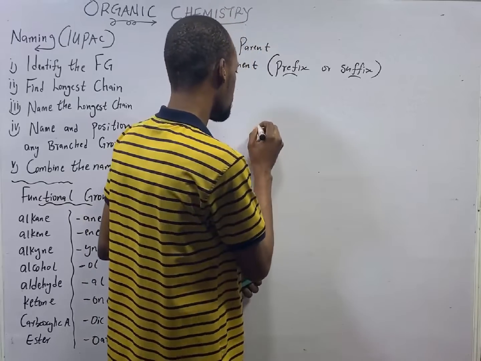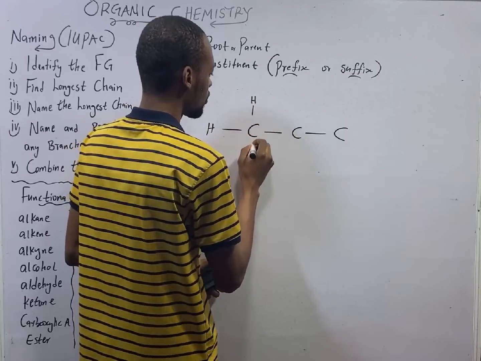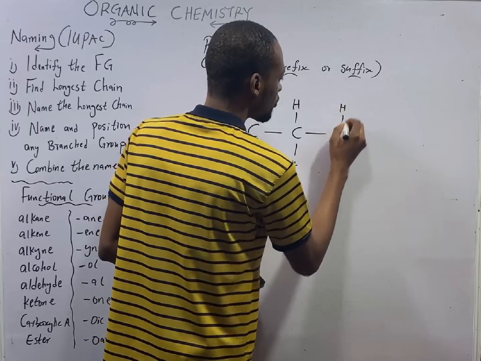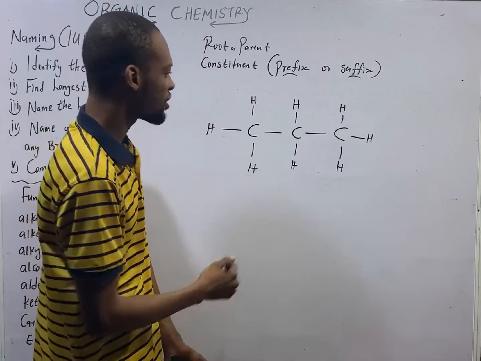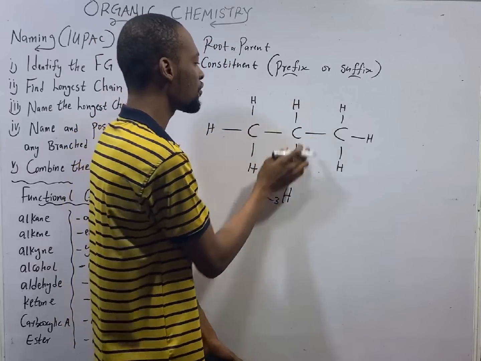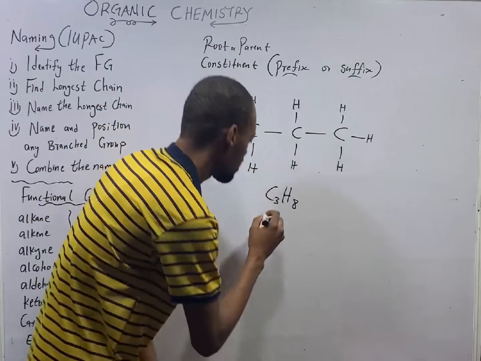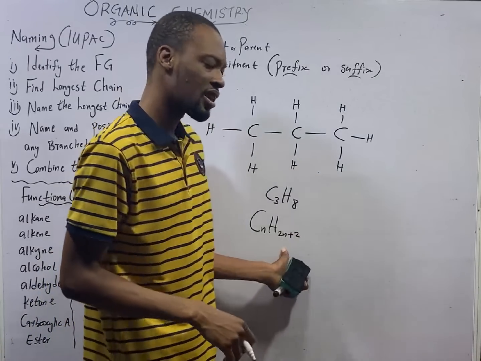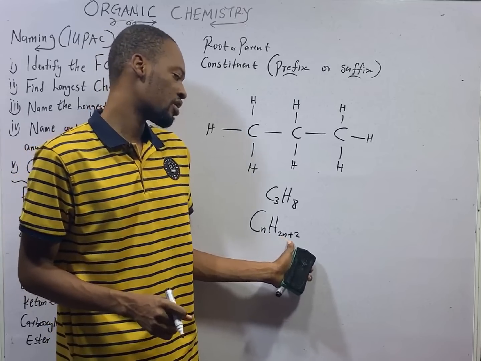For example, given something like this, C3H8, and following the general formula CnH2n+2, this is obviously an alkane because the number of carbon is 3, and hydrogen is 2 times 3, which is 6, plus 2, which is 8.